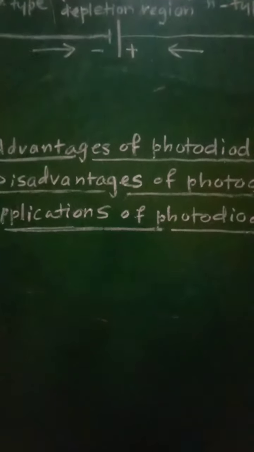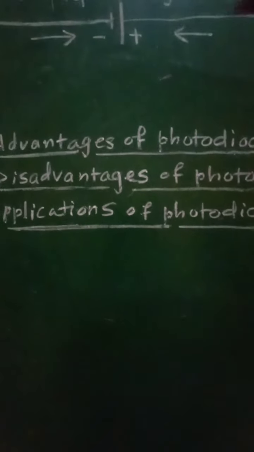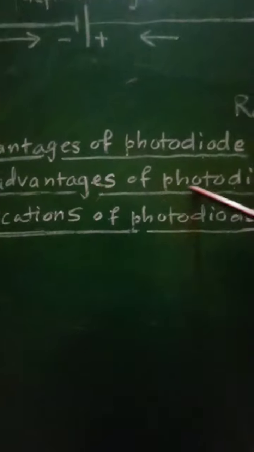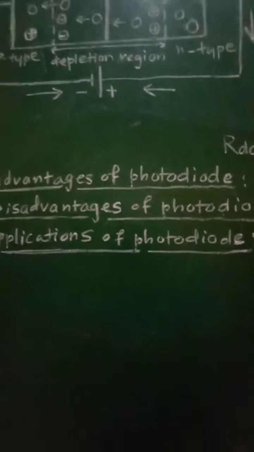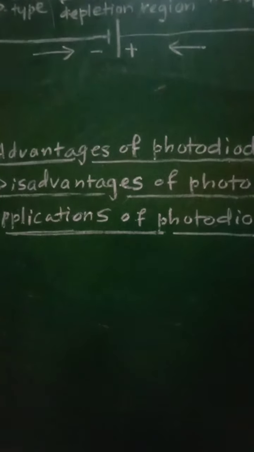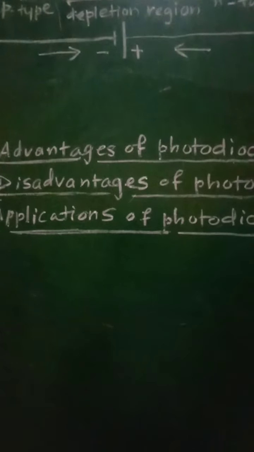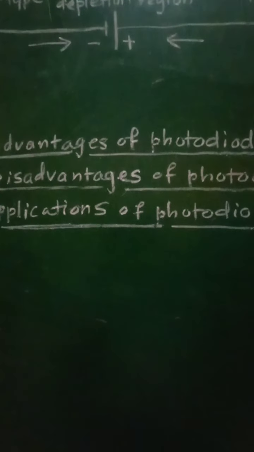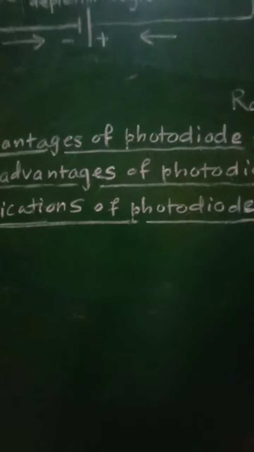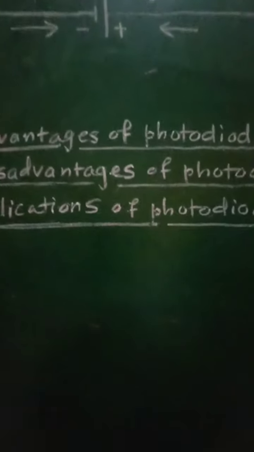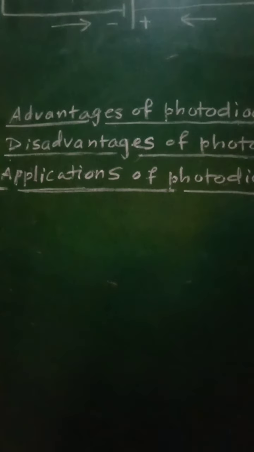Then let us see some of the disadvantages of this photodiode. First one is its properties are temperature dependent. So if the temperature of the diode changes, then its properties will change, and therefore we can say that its properties are temperature dependent.